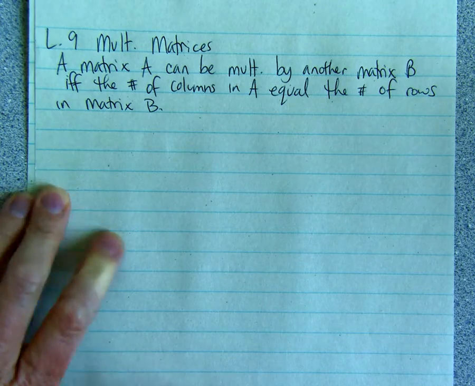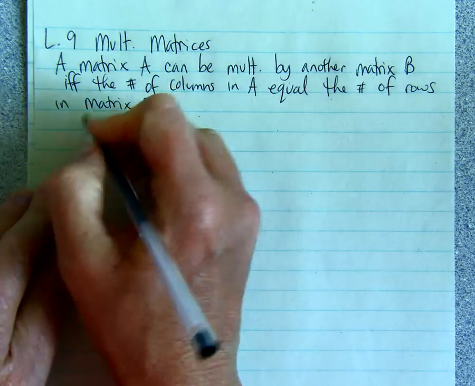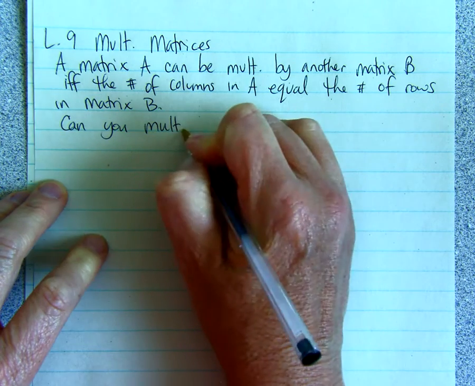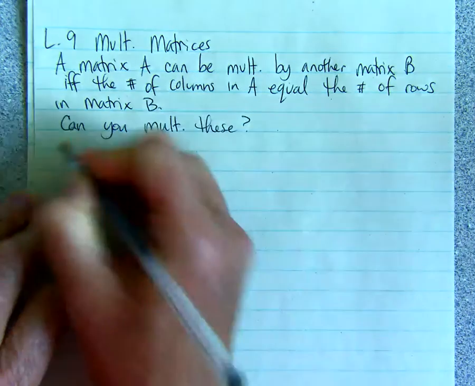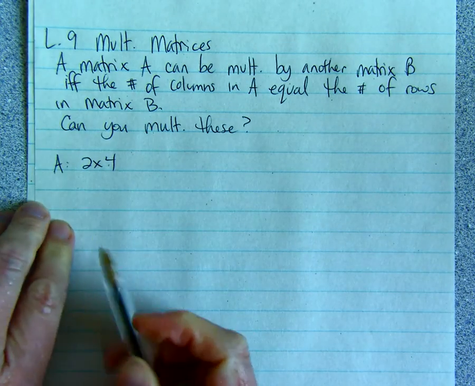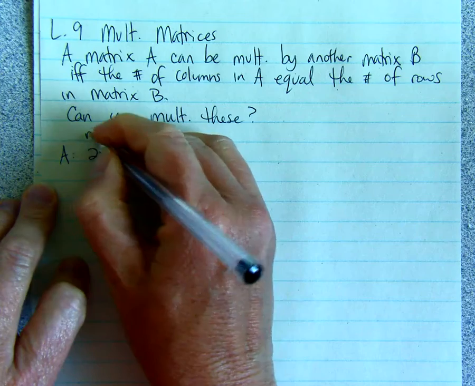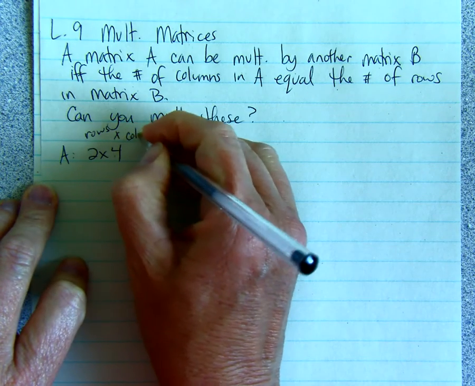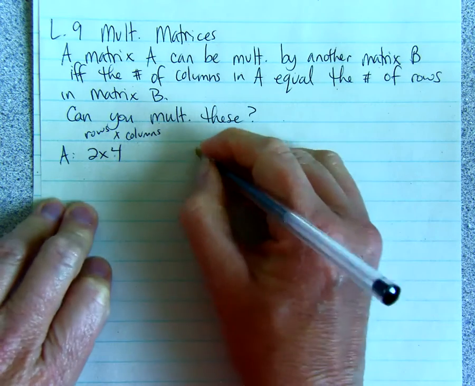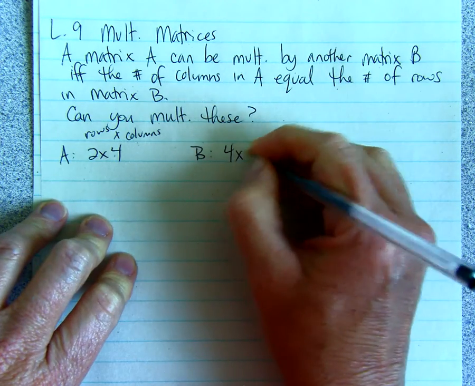So we're going to just look at, can you multiply these matrices? If A is a 2 by 4, now remember, we name these by rows, by columns. So in A, the number of rows is 2, the number of columns is 4. And B, a 4 by 2.